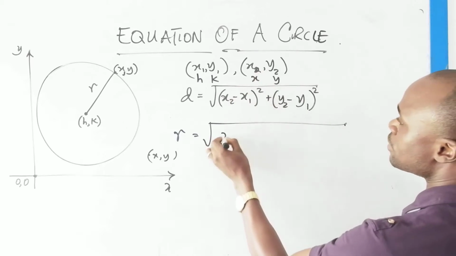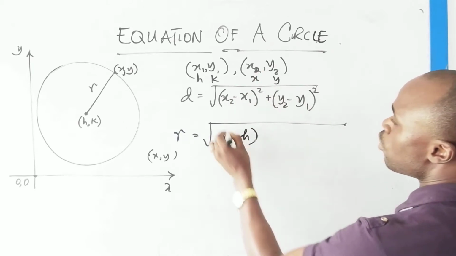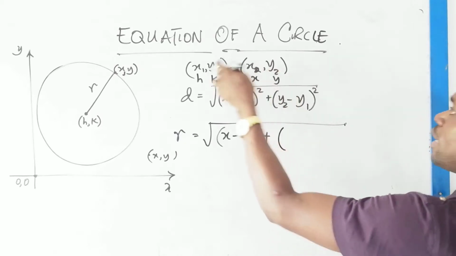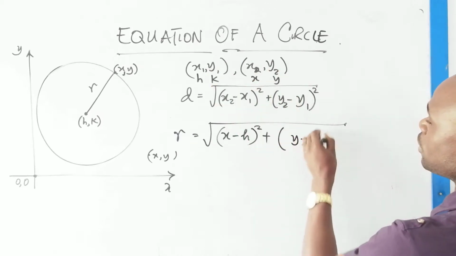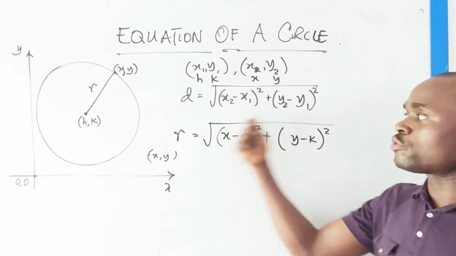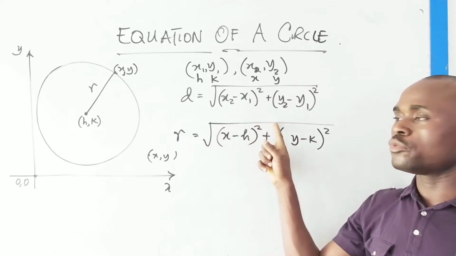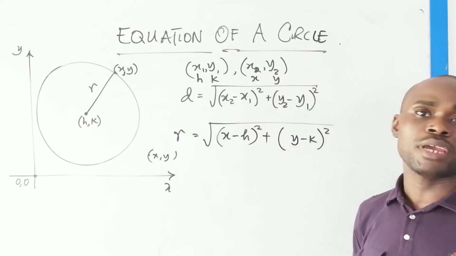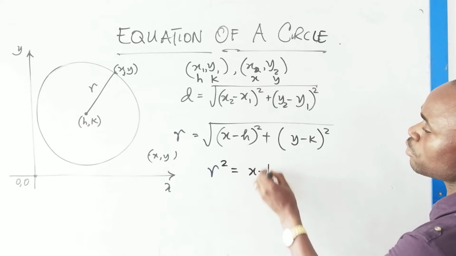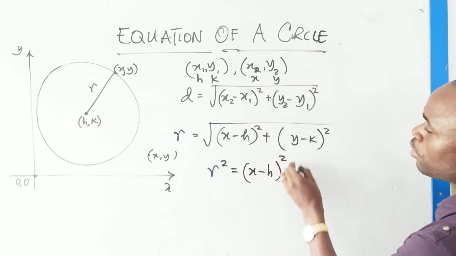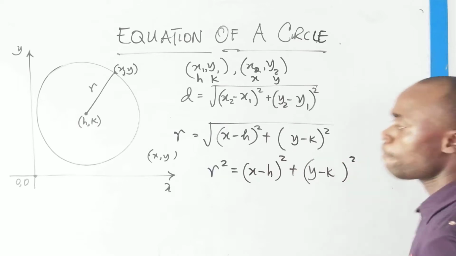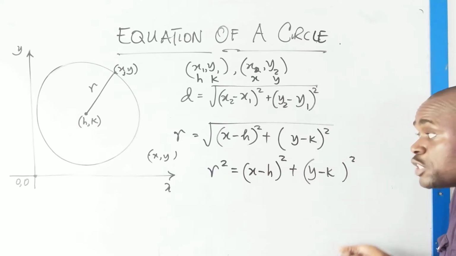So it's going to be x minus h all squared plus y minus k all squared. If I square both sides, the root will disappear. So this is going to give me r squared equals x minus h all squared plus y minus k all squared. I can leave it this way.